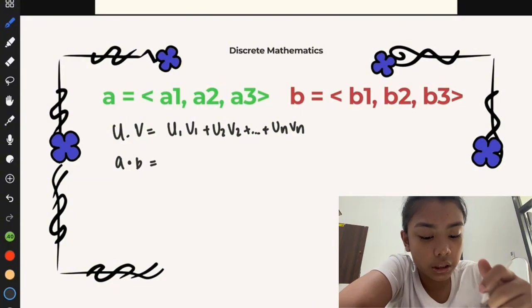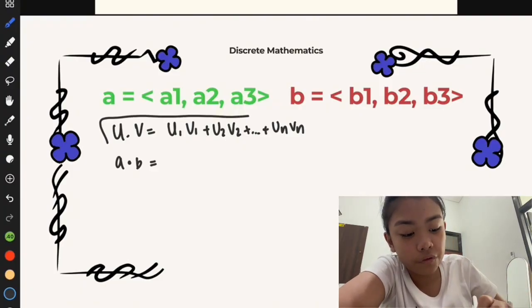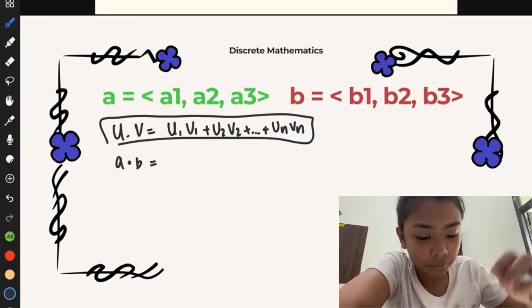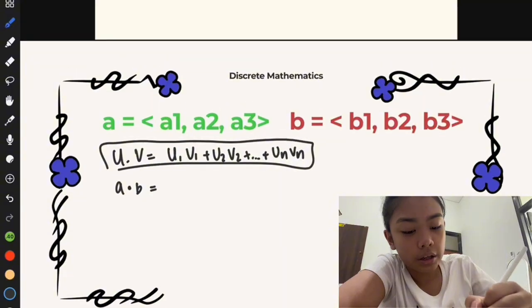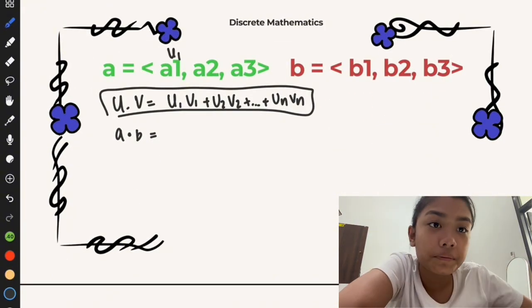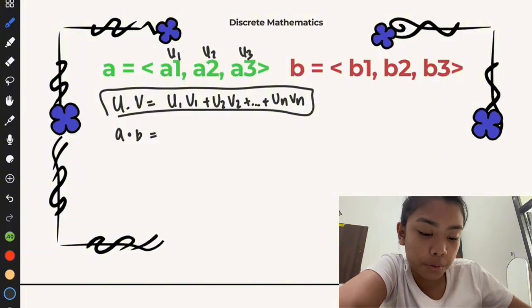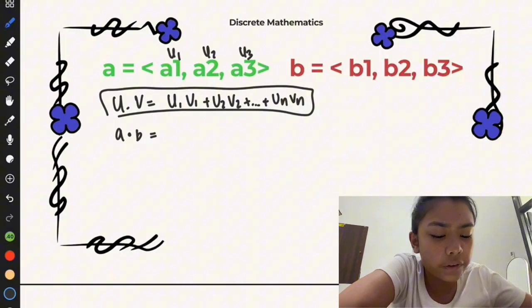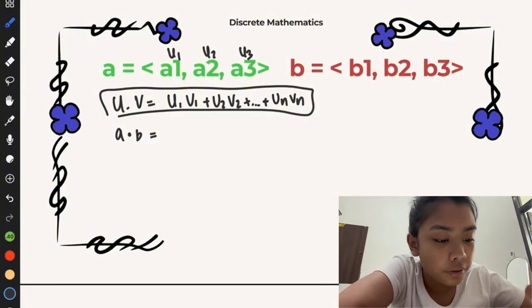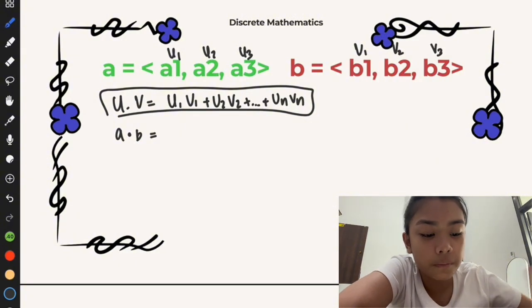If we take a closer look, deriving from this definition, we can see that A1 is U1, A2 is U2, A3 is U3, and so on, but I only have 3 elements here. And V1, V2, V3 would be from B. So V1 is B1, V2 is B2, V3 is B3.